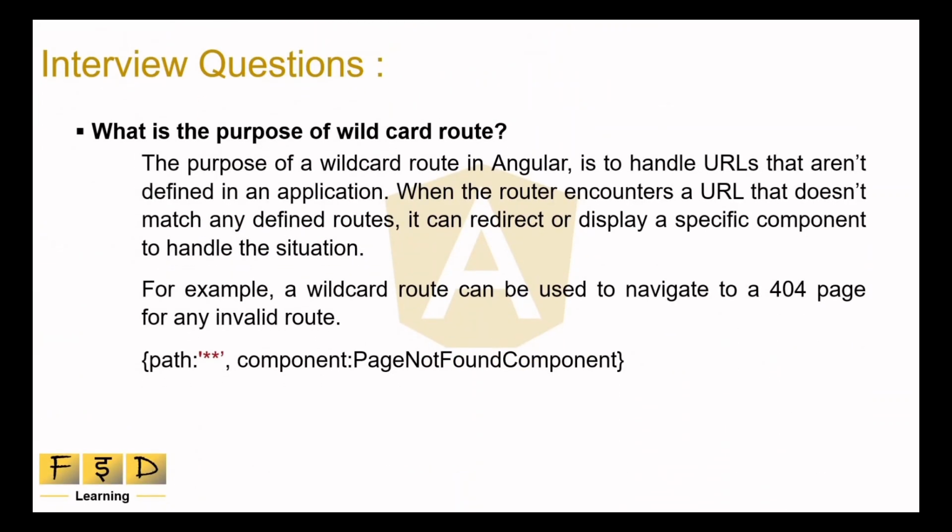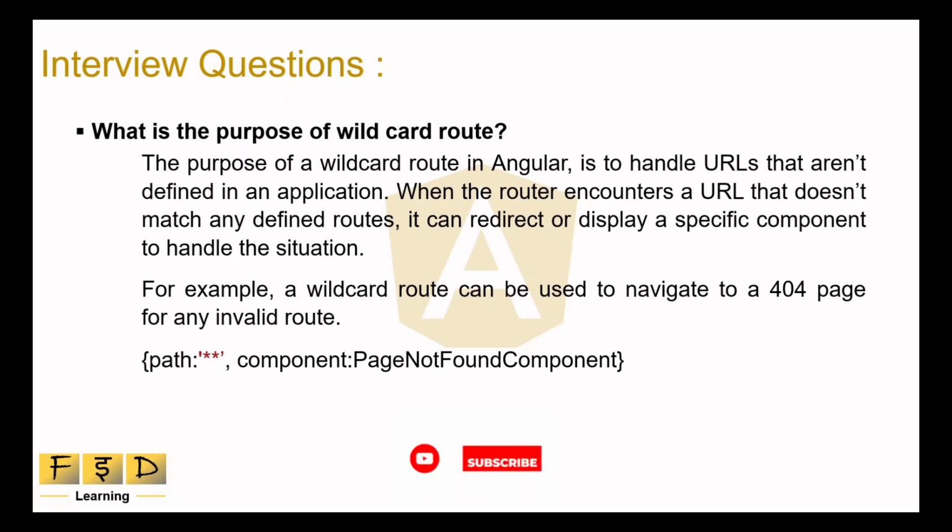What is the purpose of wildcard route? The purpose of wildcard route in Angular is to handle URLs that are not defined in the application. When the router encounters a URL that doesn't match any defined routes, it can redirect or display a specific component to handle the situation. For example, wildcard route can be used to navigate to a 404 page for any invalid route.